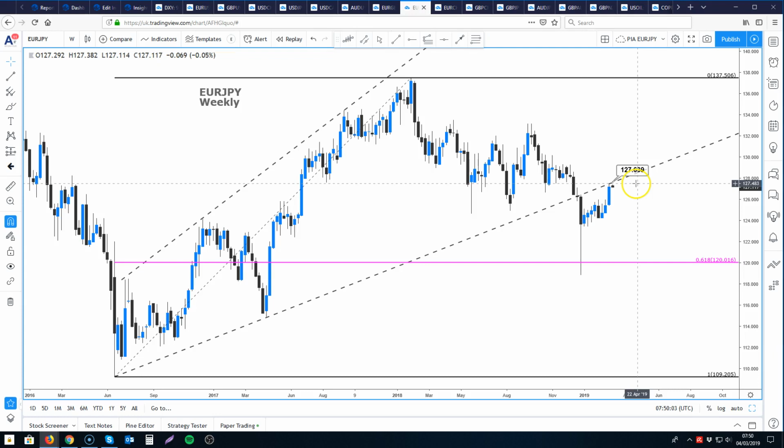However, the intraday time frames are showing no clear indication that this rally is coming to an end. We've got quite decent support to the downside around 126.30, 126 the figure, but very conscious of that reverse trendline, and I think we've really got to break that for this euro yen, what looks like a corrective rally at the moment, to continue.